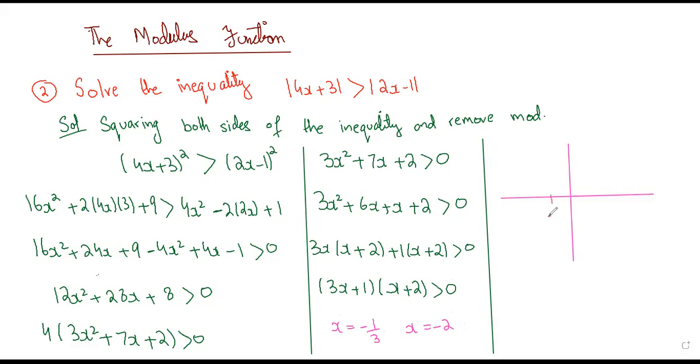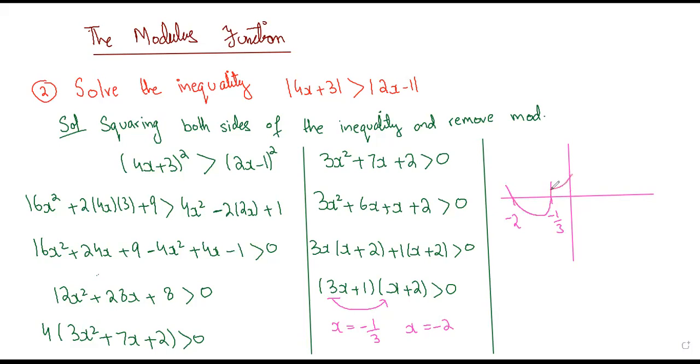So it would be minus 1 by 3 and it would be minus 2. And when I multiply both the terms, it would give me positive x squared. So when the coefficient of x squared is positive, it would be a U-shaped graph. So I'm just supposed to make a rough sketch of it.